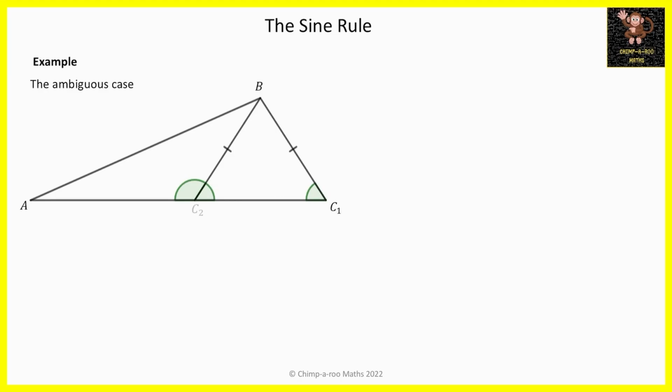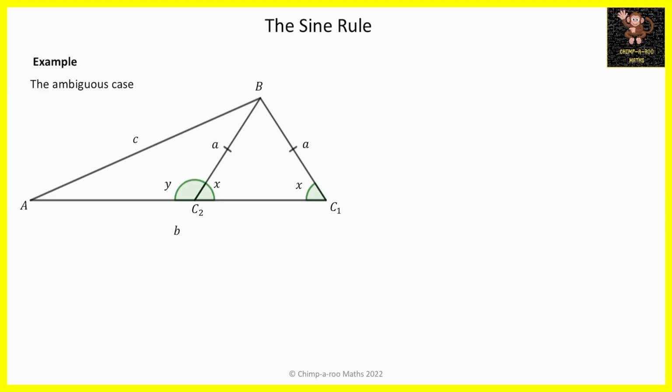Okay, I have an ambiguous case here where we've got two different triangles. We've got A, B and C1, where you've got angle x opposite c and angle A opposite side a. We've also got the triangle A, B, C2, where the angle there is obtuse.